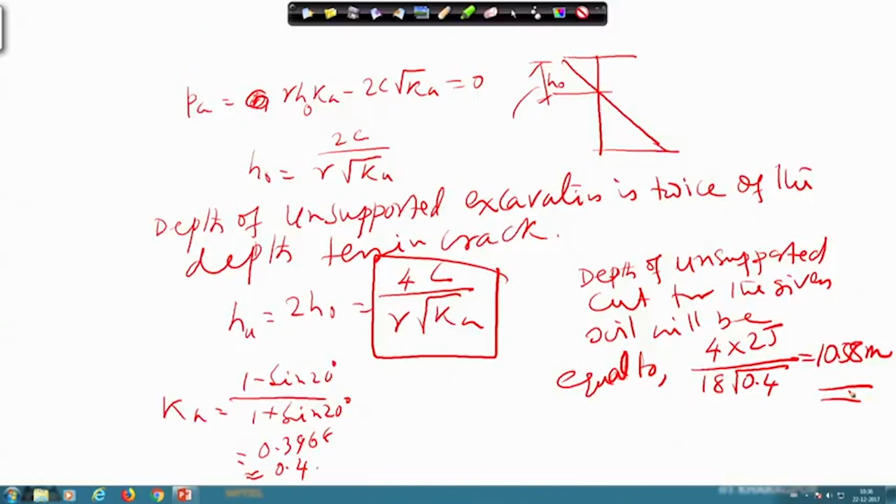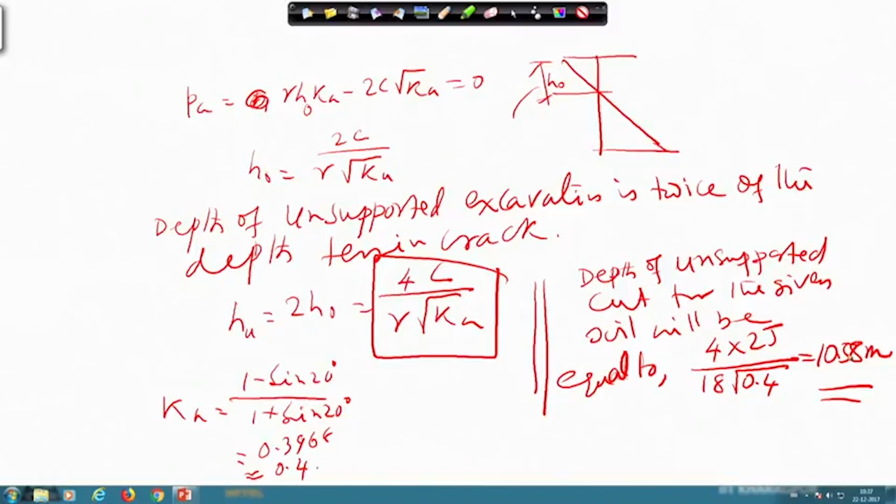You can see when you excavate in sand, because of the absence of cohesion, when you cut a vertical cut, the sand will try to flow and make a particular slope; it will never be vertical. But if the soil has some cohesion, then you can make a vertical cut up to almost 11 meter.